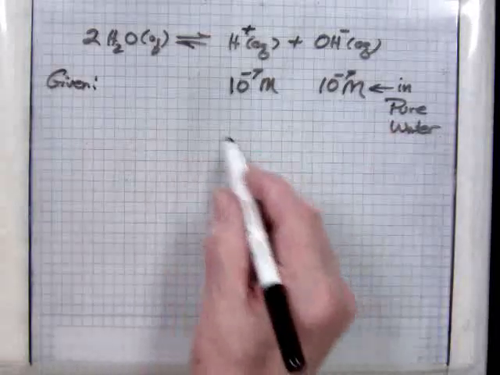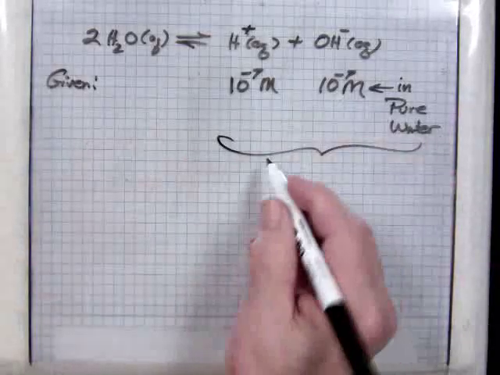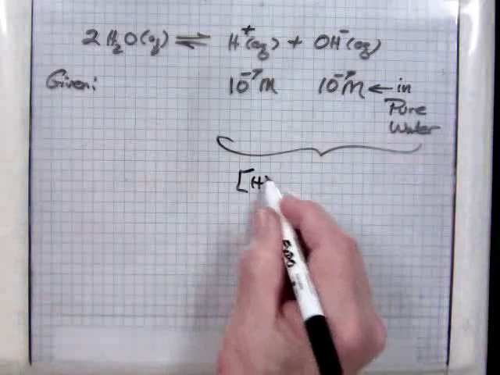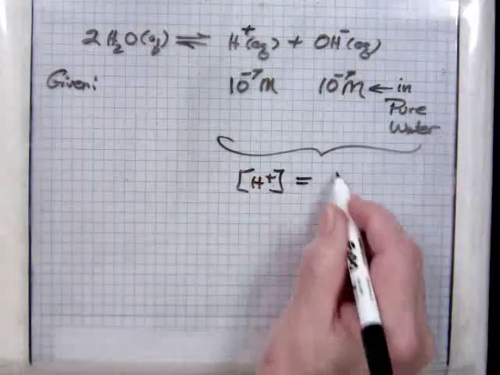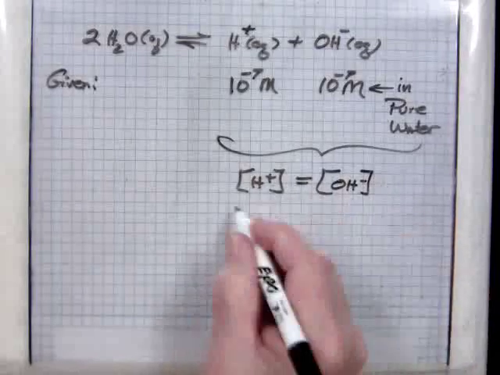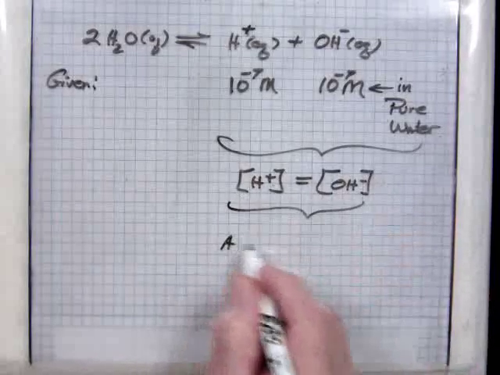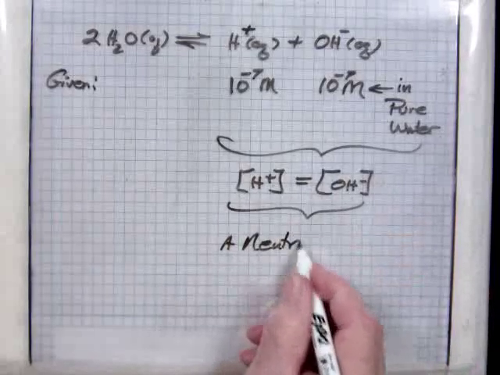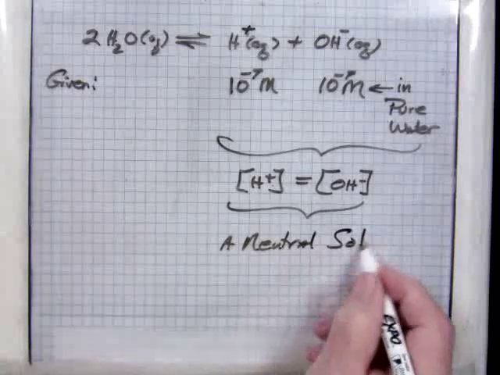So in this condition, we say the hydronium ion concentration equals the hydroxide ion concentration. This is what we refer to as a neutral solution.